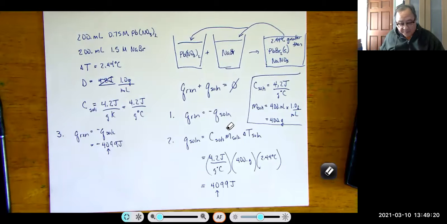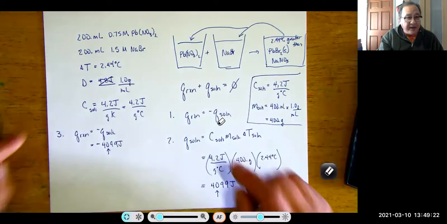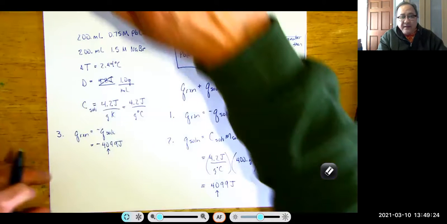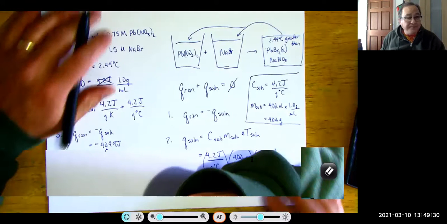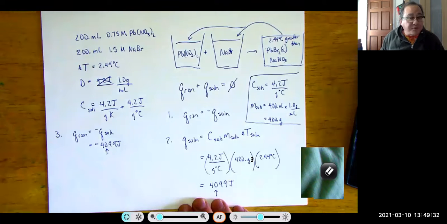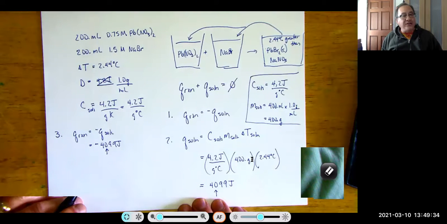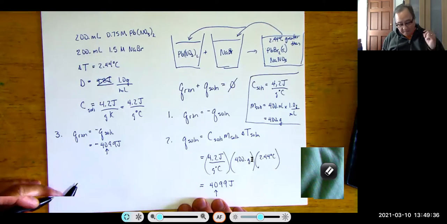Now, they do ask us per mole of lead nitrate, right? Let me go back and look at the problem. So they want to know what is the change per mole. They want kilojoules per mole of lead bromide.